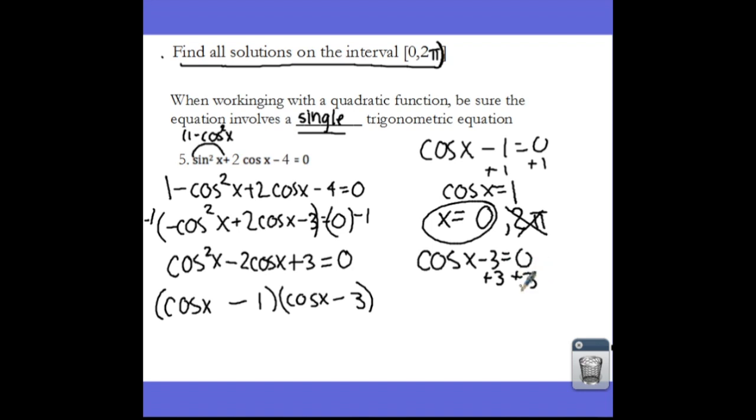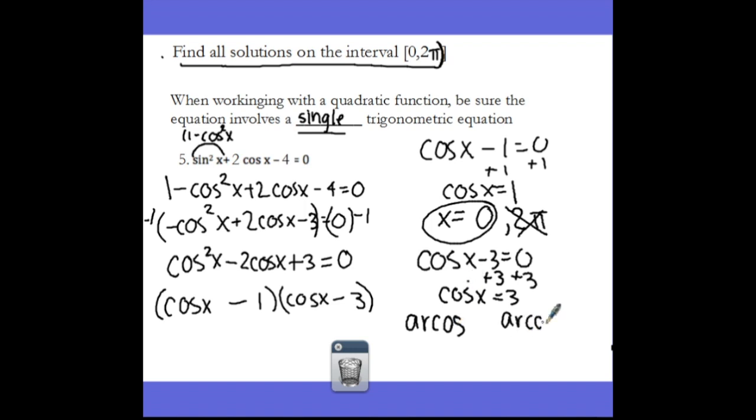So you'll add 3 to both sides, leaving you with cosine of x equals 3. Notice that there's nothing on the unit circle that makes cosine of x equal to 3. So we'll have to use the inverse to find it. The inverse is arc cosine, so you'll take the arc cosine of both sides, and then that gives you arc cosine of 3 equals x.